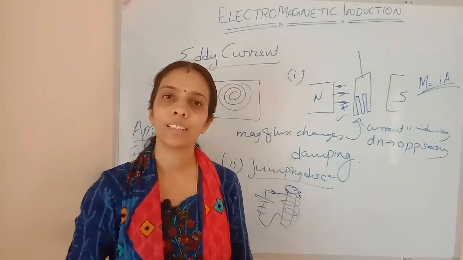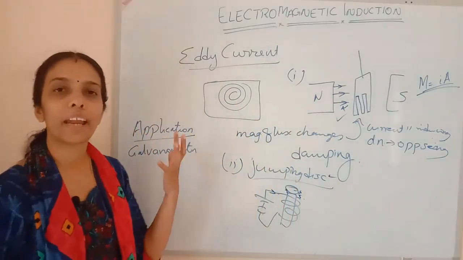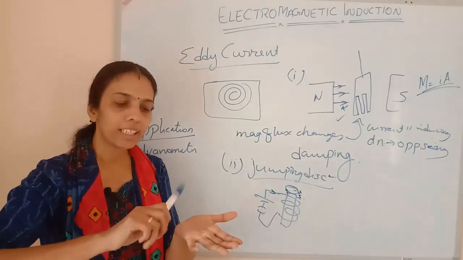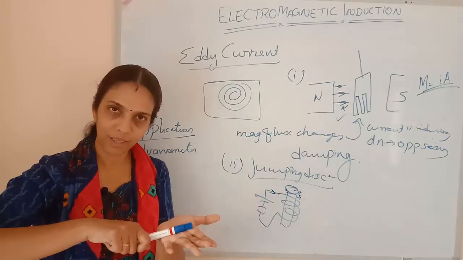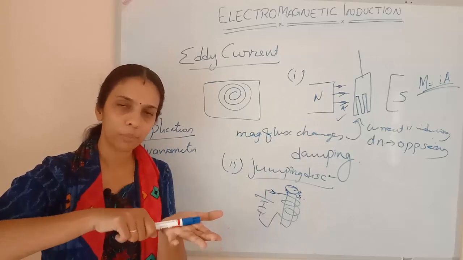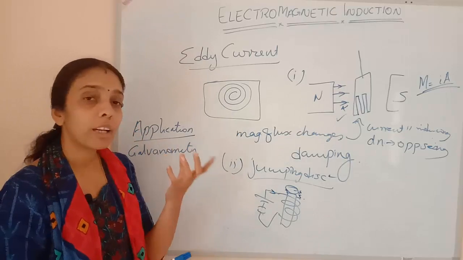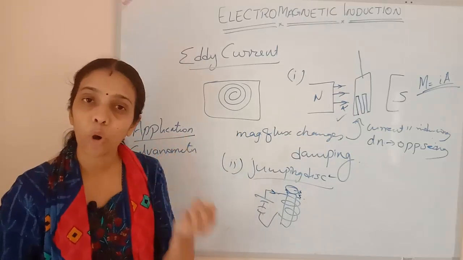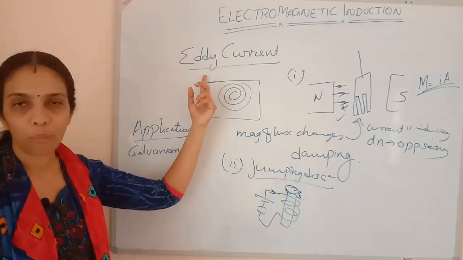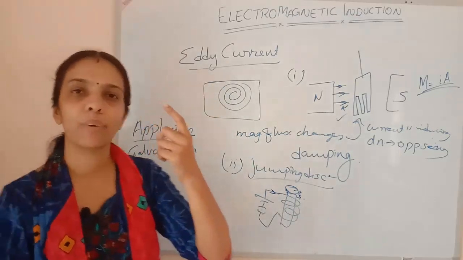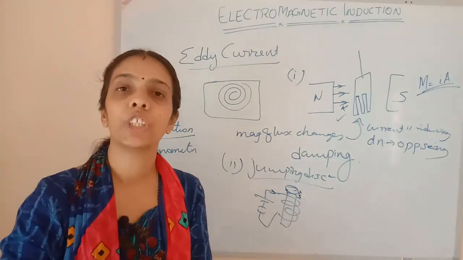What is the reason for that? Because of electromagnetic damping, or formation of eddy current, the oscillations will be like this. They can't come to the rest position fast. It will take some time to come to the main position. So here we use a non-magnetic coil. Then eddy current will form over there, and that eddy current will help the galvanometer come back to the rest position faster.